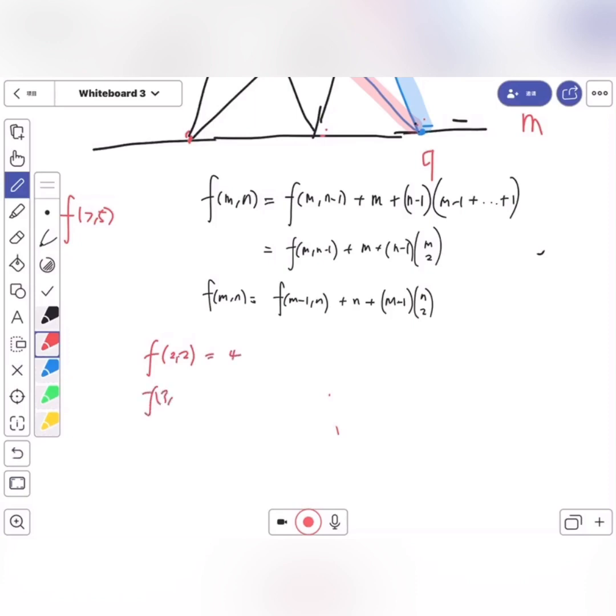Now f of 3, 2 is equal to 8. Now f of 3, 3 is equal to 8 plus 3 plus m minus 1, so plus 2 times 3 choose 2, which is equal to 17.